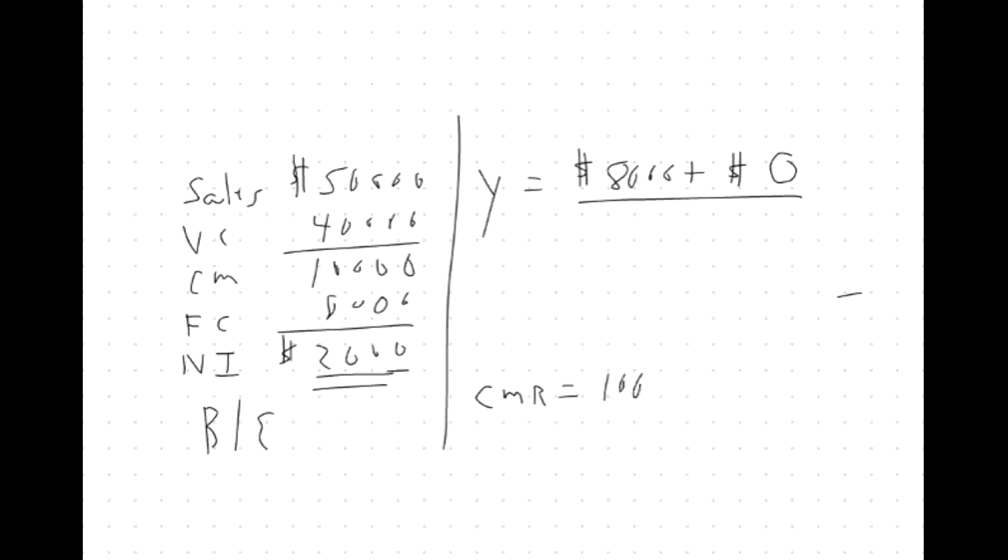I'm going to have to do it in total, so I don't have a choice. So I've got a contribution margin ratio of 0.20, which tells me my variable cost ratio, which I may or may not need, is going to be 0.8. But I want to compute it anyway. So I'm going to take the variable cost of 40,000 from the income statement and divide it by the 50,000 of sales. And I have 0.8.